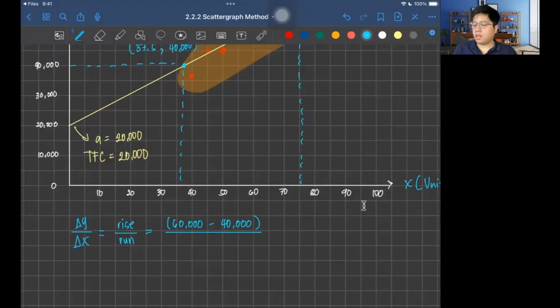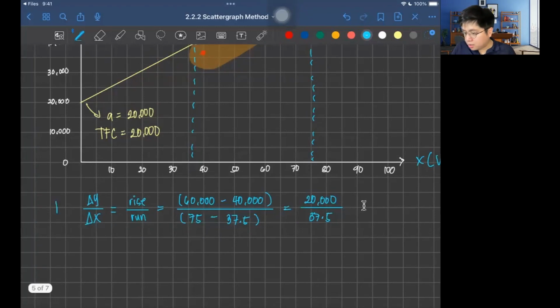Then for the change in x, which is the run, that will be 75 less 37.5. That will give us 20,000 for the numerator, then 37.5 for the denominator. Then our b here is equal to 20,000 divided by 37.5.